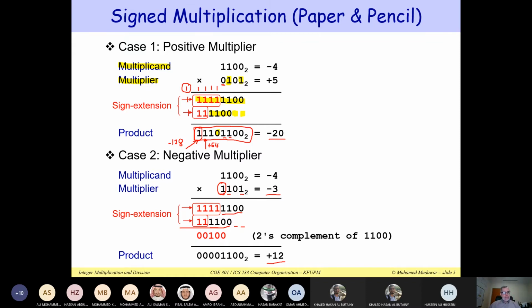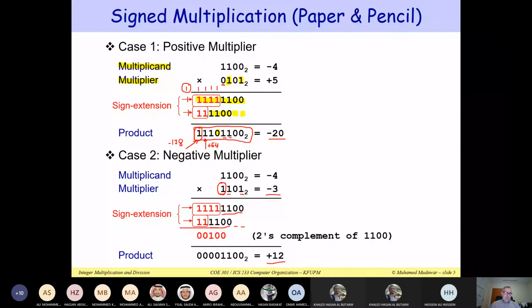Now, the weight of the most significant bit is negative. So I'm multiplying the multiplicand by a negative weight. In order to do this, I have to take the 2's complement of the multiplicand. So only for the most significant bit, since we multiply by a negative weight, we have to do this.